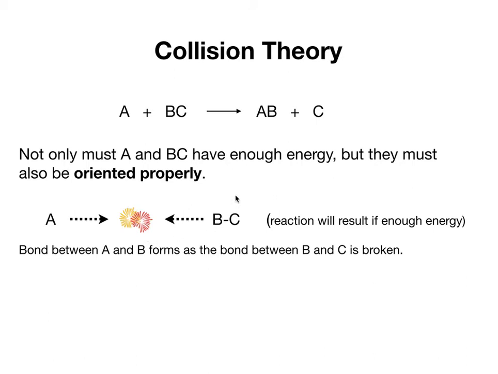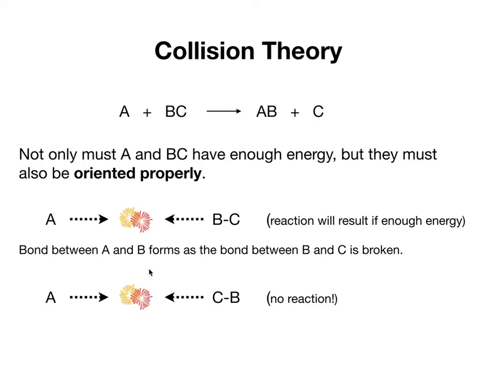Okay, so what if we just inverted this? In other words, if this molecule was turned around and this molecule was headed towards this molecule here, however, it was oriented differently, okay? And there's a collision between both of them.